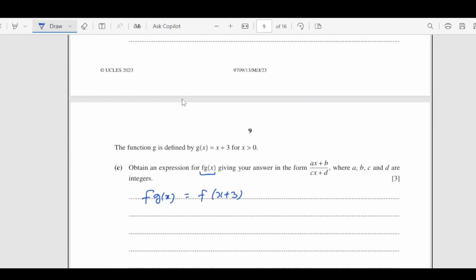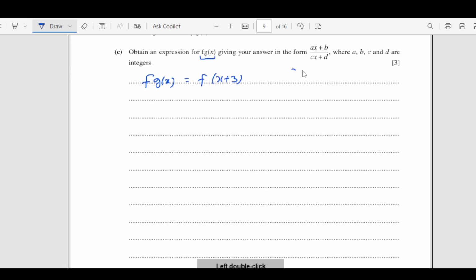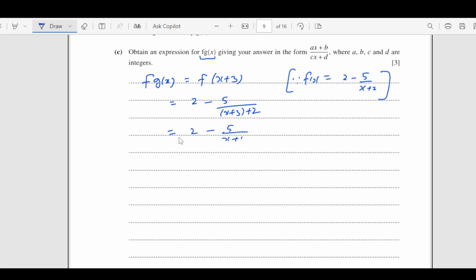So let me write down here to make it clear. f(x) is 2 - 5/(x + 2). We are now replacing x by x + 3. Then this will become 2 - 5/((x + 3) + 2), so this is 2 - 5/(x + 5).